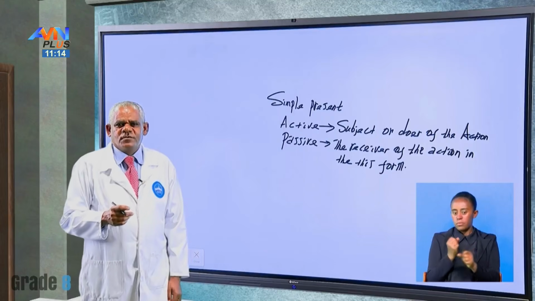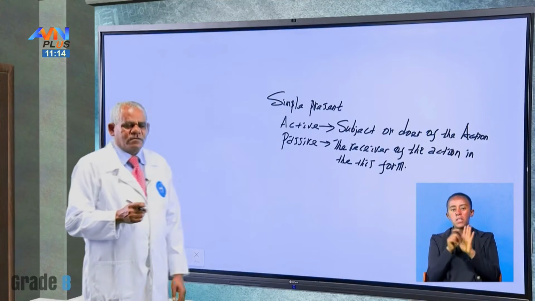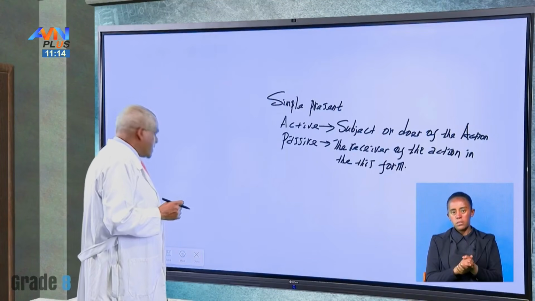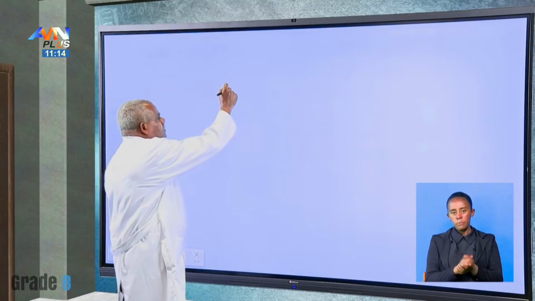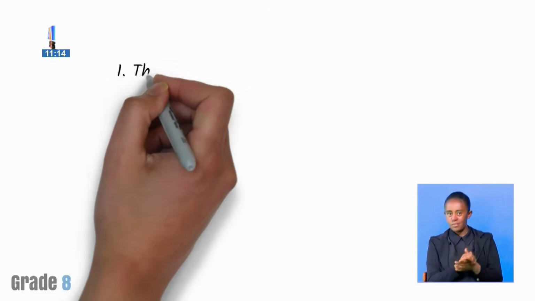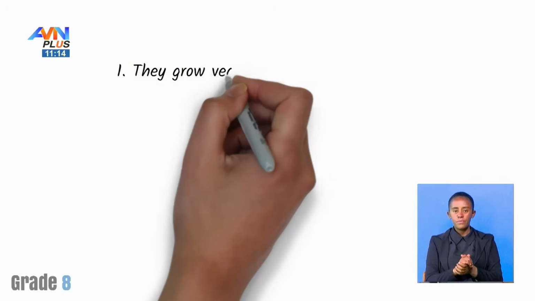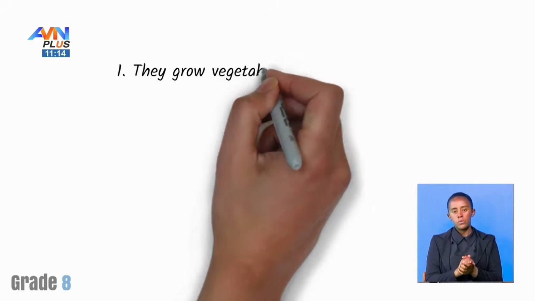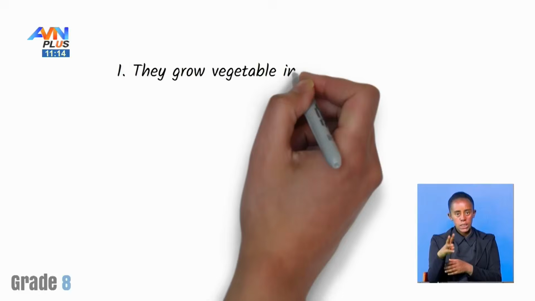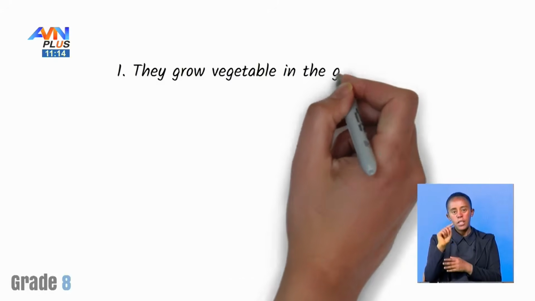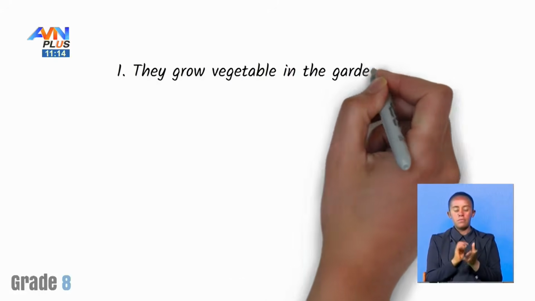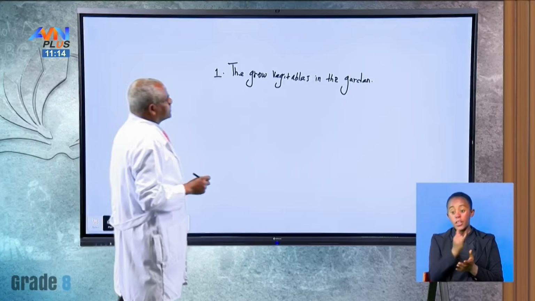I would like to give you some sample examples here now. Look at these sentences. Sentence 1: They grow vegetables in the garden. Look at it, they grow vegetables in the garden.